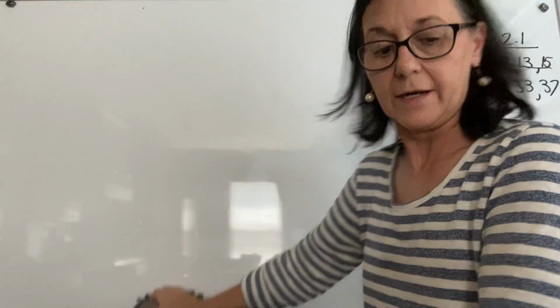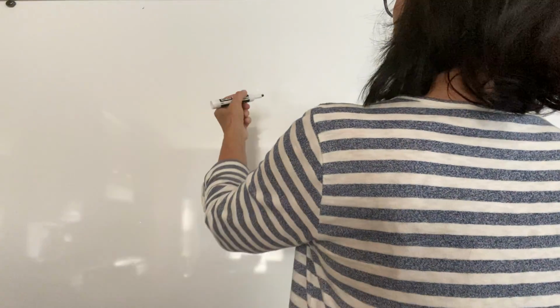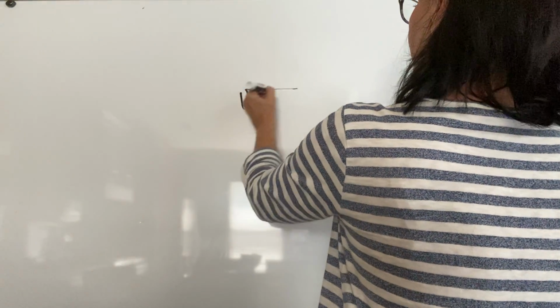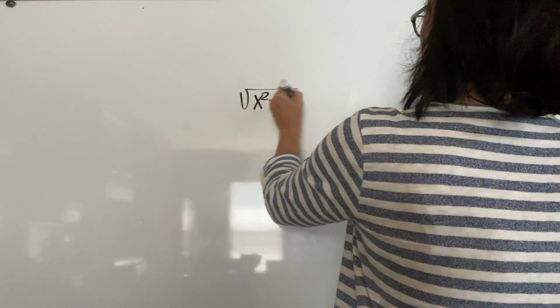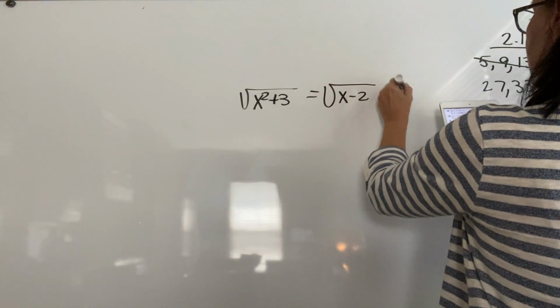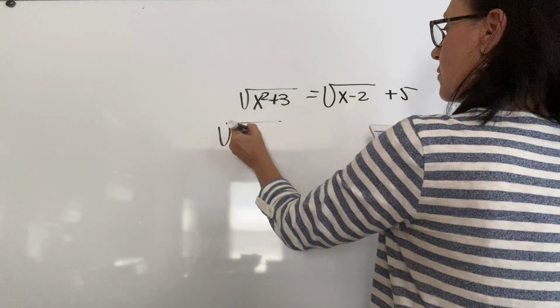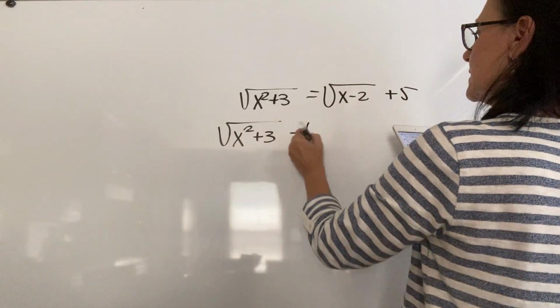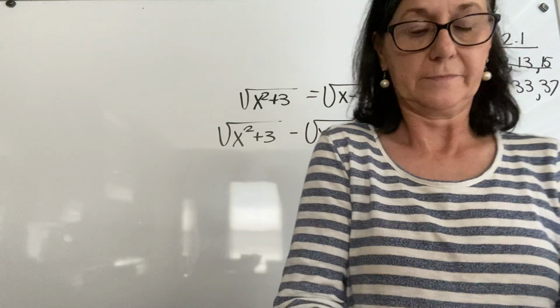33 has 2 radicals, so I'm leaving them. 33 is the square root of X squared plus 3 equals the square root of X minus 2 plus 5. I'm going to move everything to the left. So the square root of X squared plus 3 minus the square root of X minus 2 minus 5.